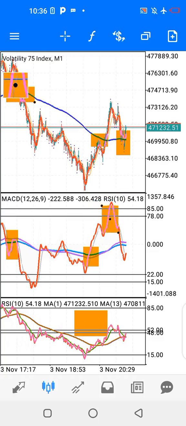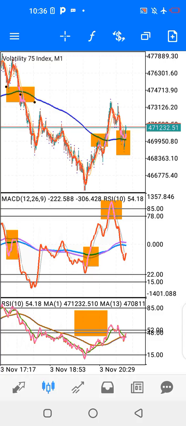So when the red line enters this region, you should be alert that you may be having a resistance level, and price may dip a bit or may reverse completely.